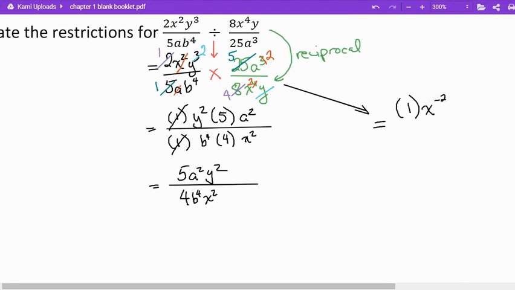Which would give me negative 2. For the y, I'm going 3 minus 1, which is a positive 2. Then I've got that 5. Then I've got the a. 3 minus 1 is going to be 2. And then in the denominator, I would have the b to the 4 and 4.